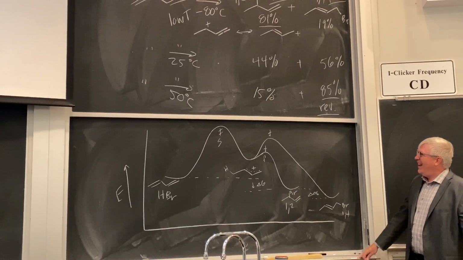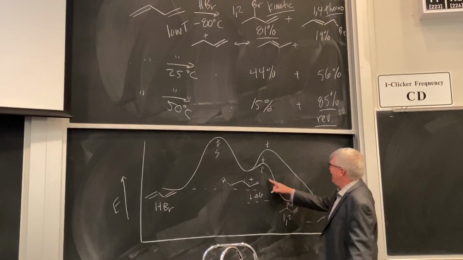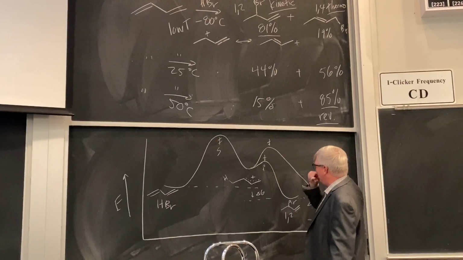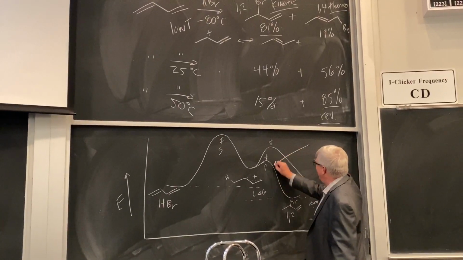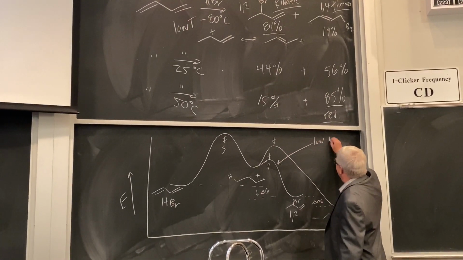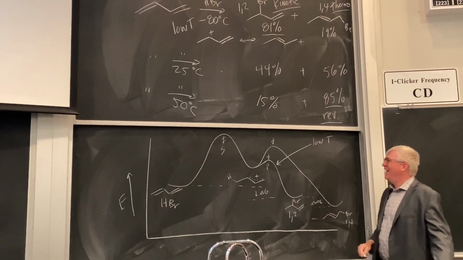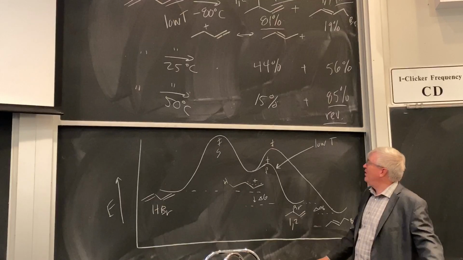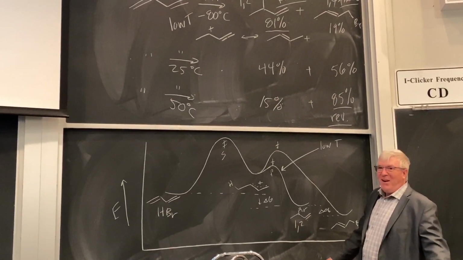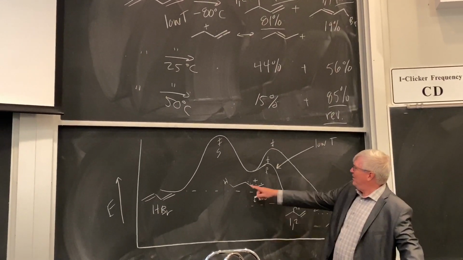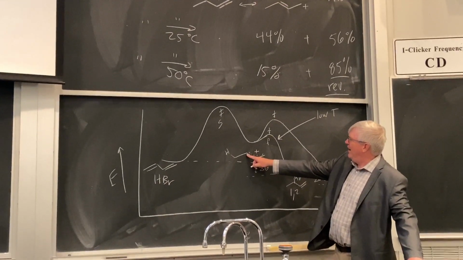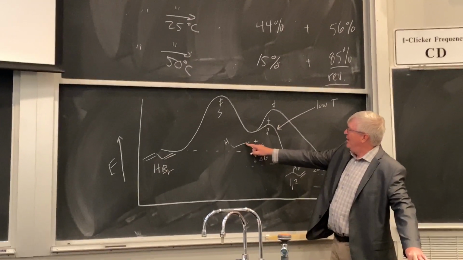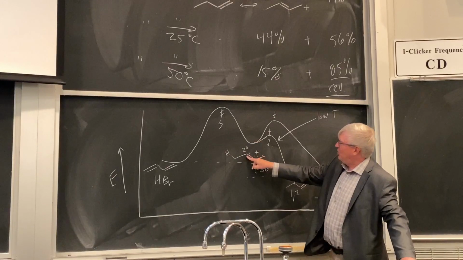So at low temperature, what are we going to get? Let's draw some arrows here. Low temperature right here. Sorry, I've got a crossover there. Low temperature means we have less energy available in the system, right? So where is the nucleophile going to want to add? It's going to want to add right here, right? Because there's more secondary plus charge right there.